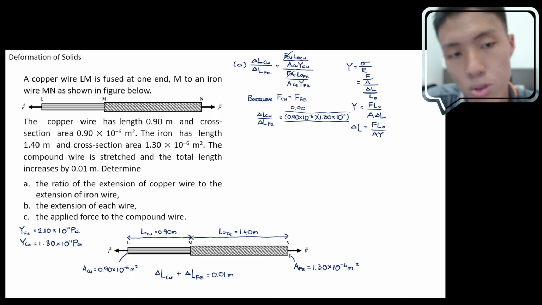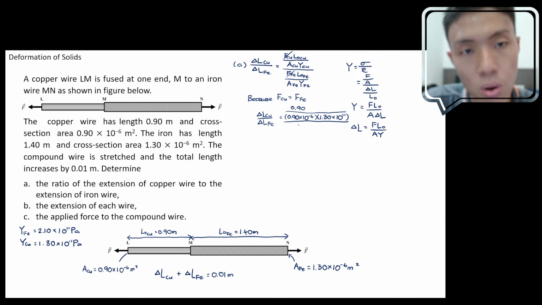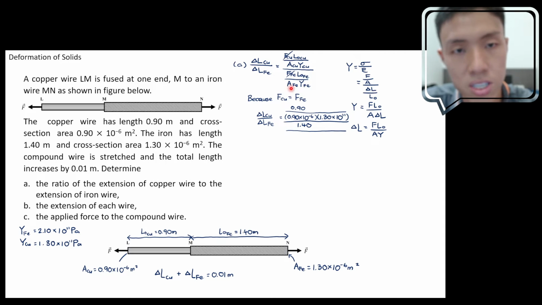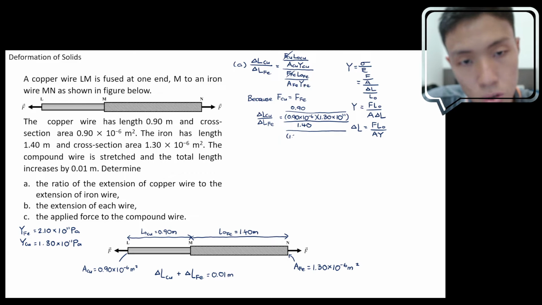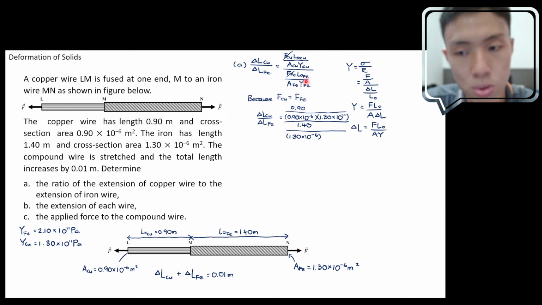Let's move on to the denominator. Denominator, the change of length of iron will be, the original length of iron will be 1.40. This is obtained over here, original length of iron, divided by the cross-sectional area of iron, which is this one, 1.30 times 10 to the power negative 6. And also you have your Young's modulus of iron, which is 2.10 times 10 to the power 11.